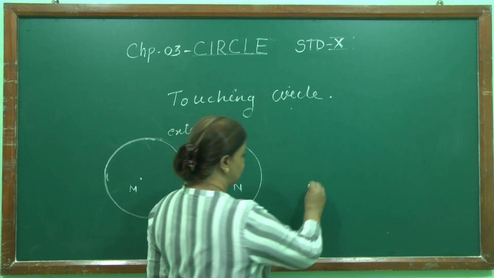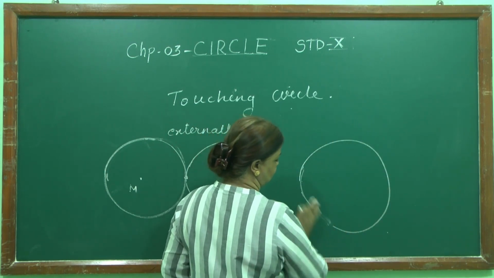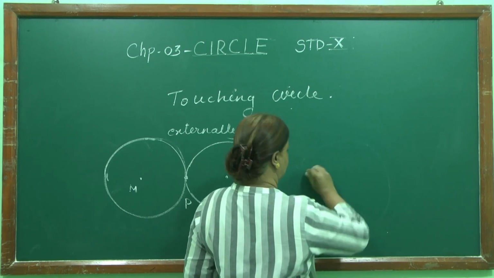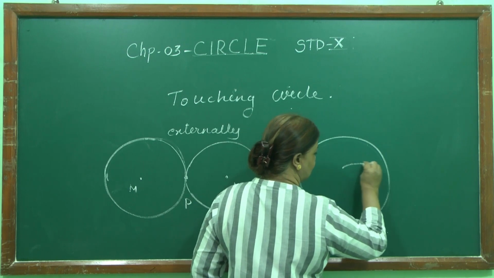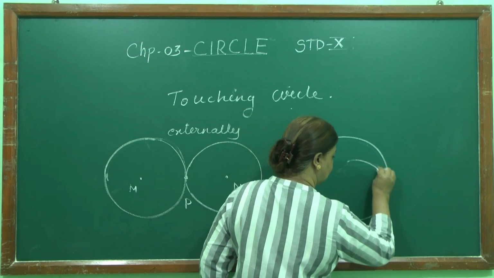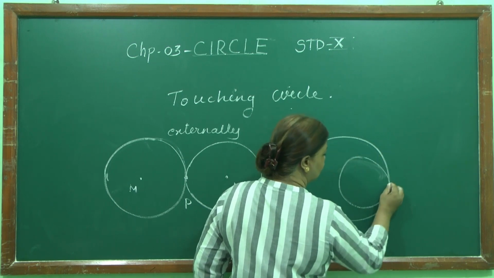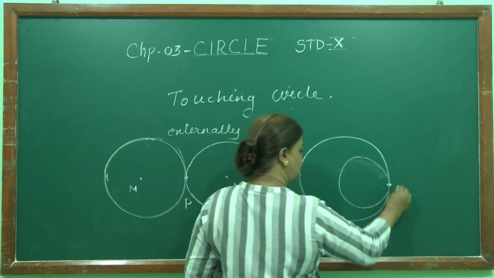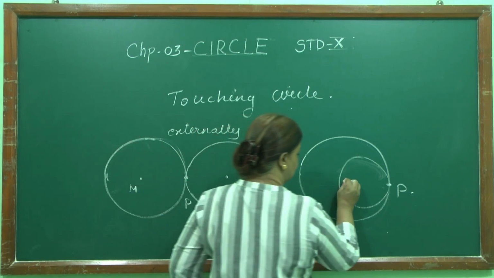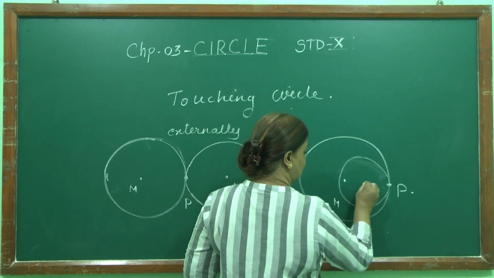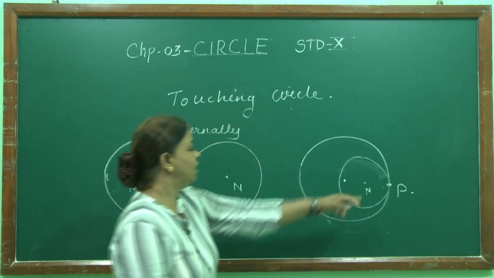Now what is internal touching? If I draw a circle, and one more circle I draw inside. Now here they are touching also at one point, let us say P. The center of the bigger circle is M, the center of the smaller circle is N, but both are touching internally.